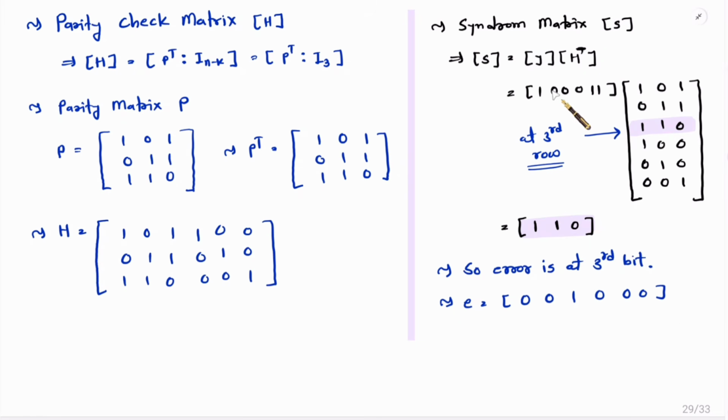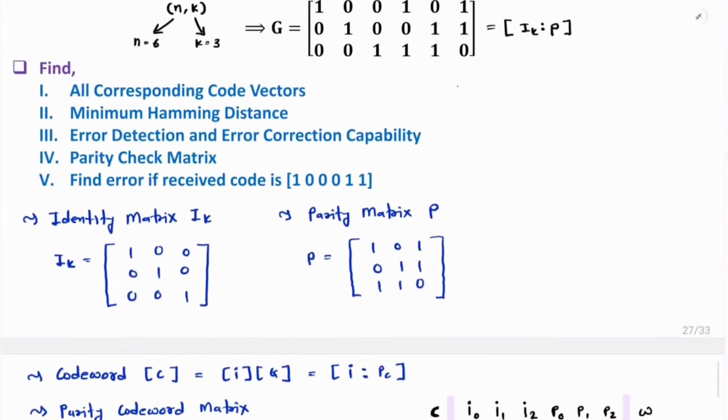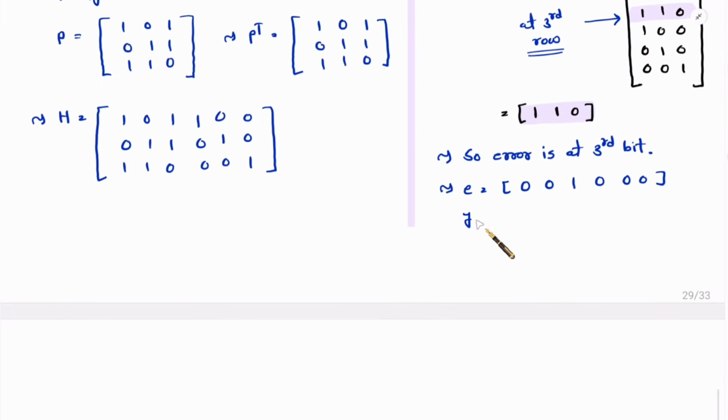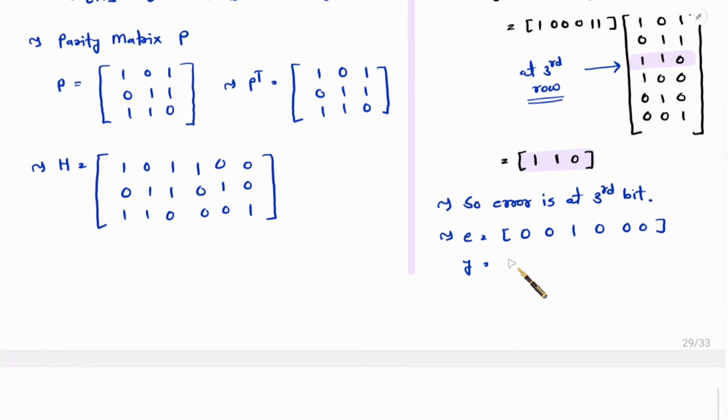See, in total 6 bits are there, so the error is in the third bit. We have received this y, that was the question that was given, right? So here we have received data y, and what is that? This y, that is 1 0 0 1 1.